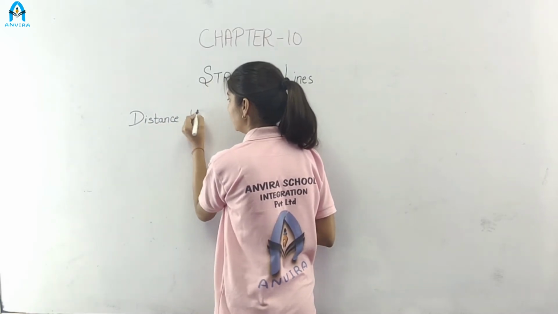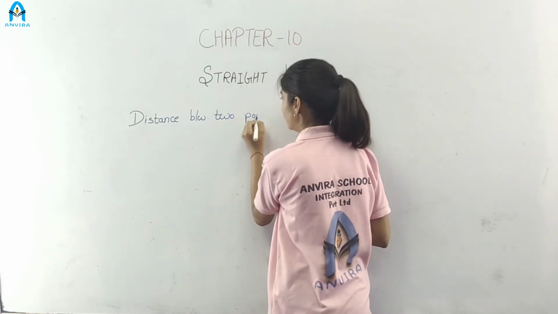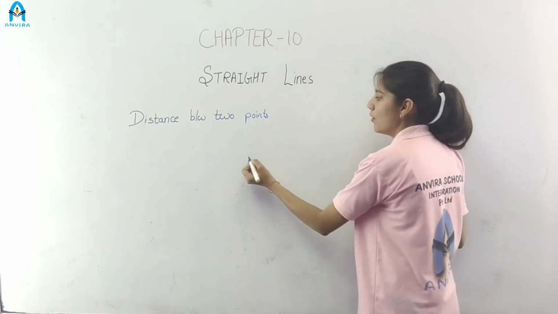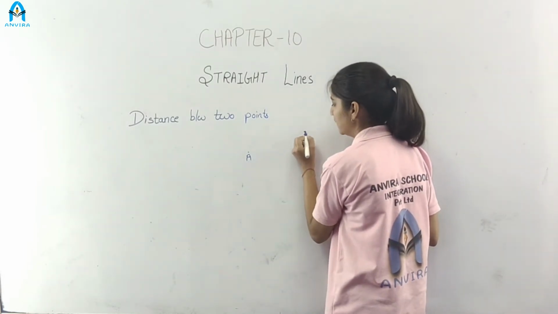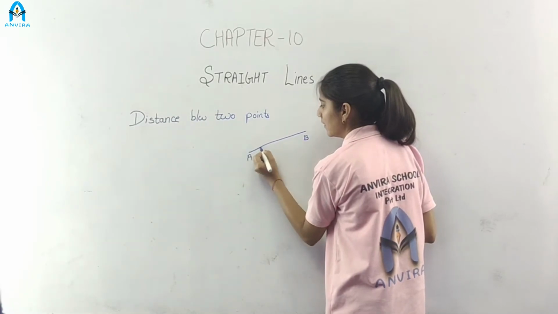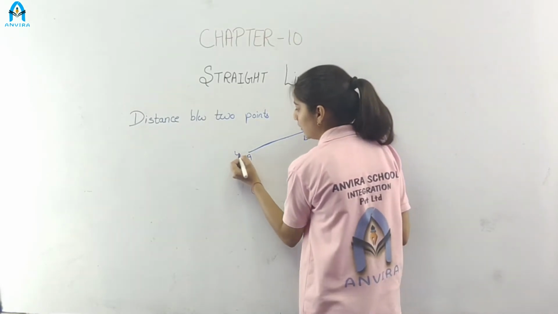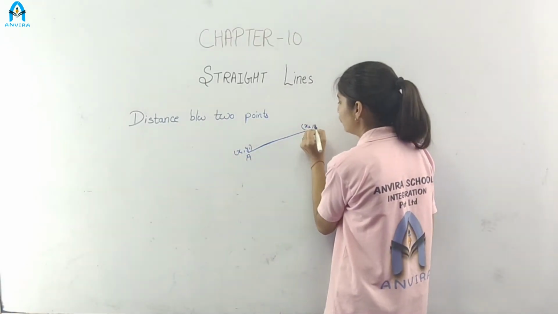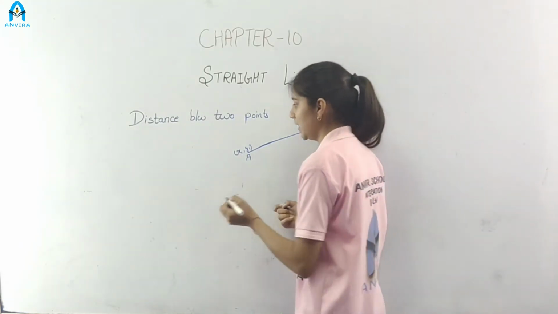Let us suppose I have point A and point B on a plane, located at (x1, y1) and (x2, y2). How can I find the length of AB?